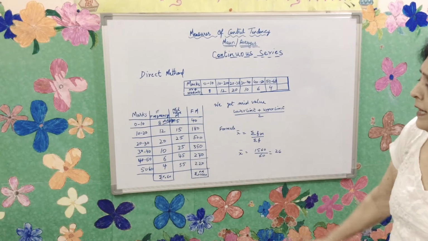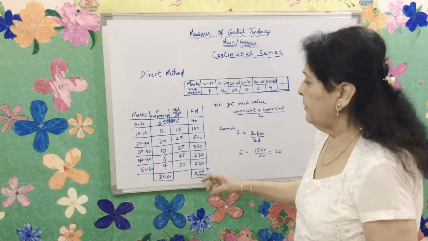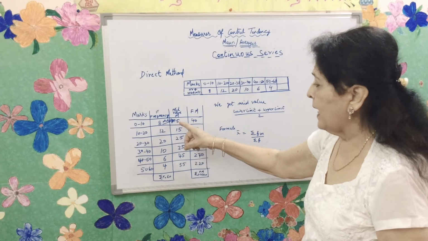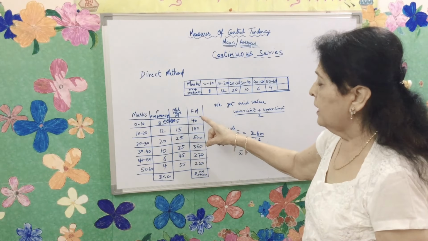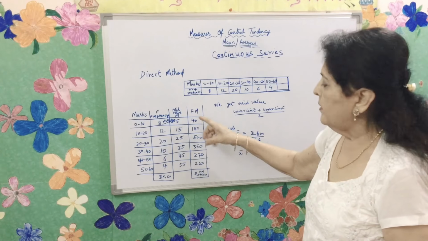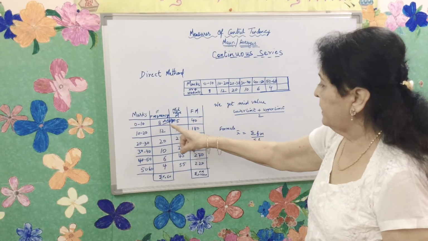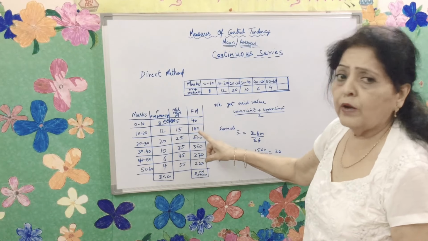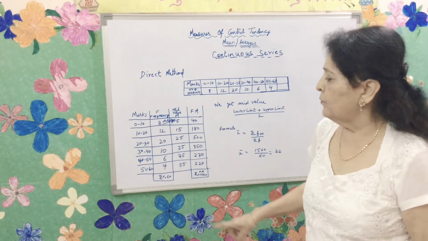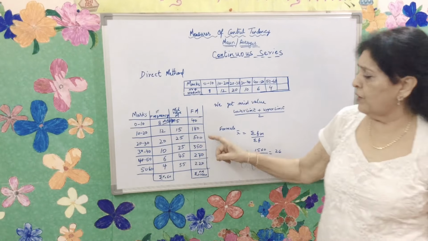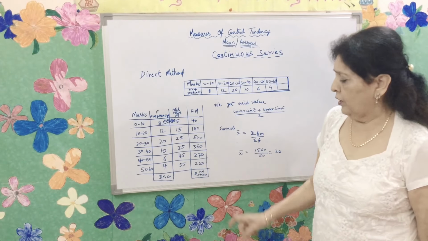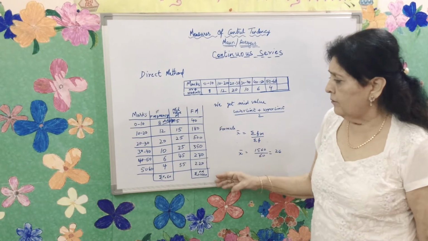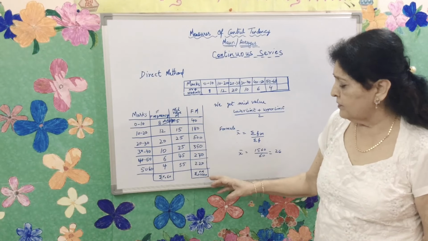Now how did we get fm? We got fm by multiplying frequency by mid value. So 8 multiplied by 5 is 40, 12 multiplied by 15 is 180, 20 multiplied by 25 is 500 and so on. So we add up all the values of fm, we got 1560.